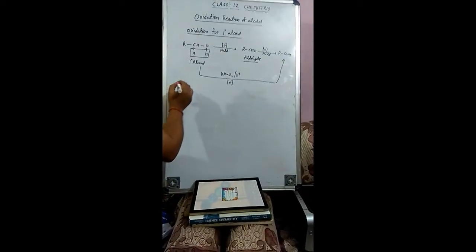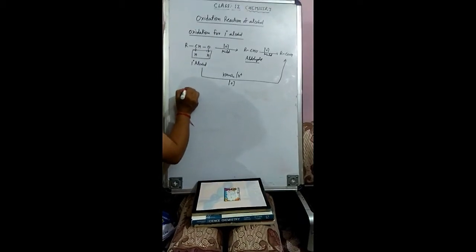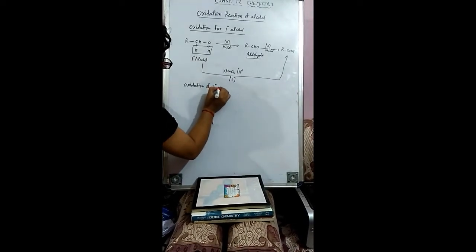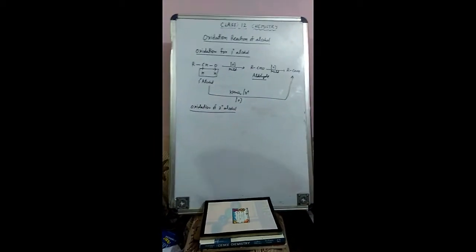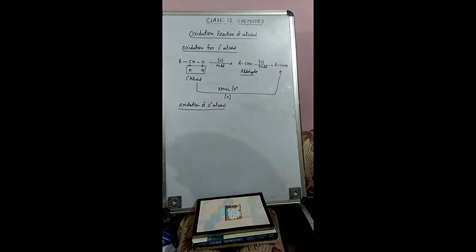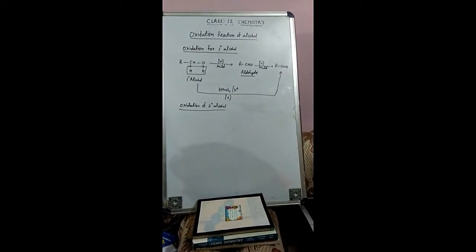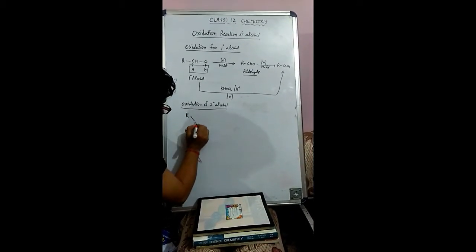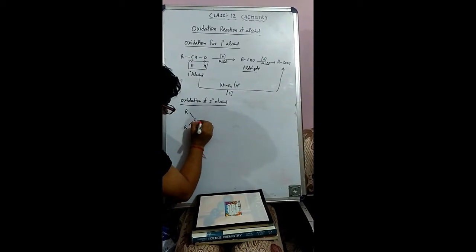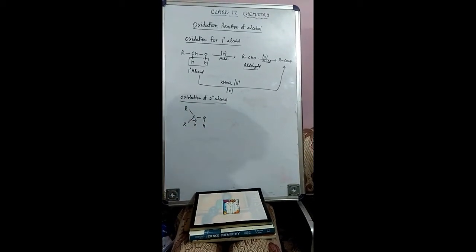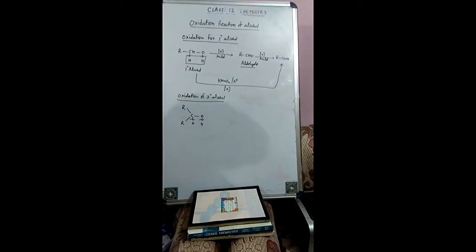Now the second point is the oxidation of secondary alcohol. The example of a secondary alcohol is R single bond C single bond R, with H and O single bond H. Again the carbon-hydrogen bond is cleaved, and the oxygen-hydrogen bond is cleaved.